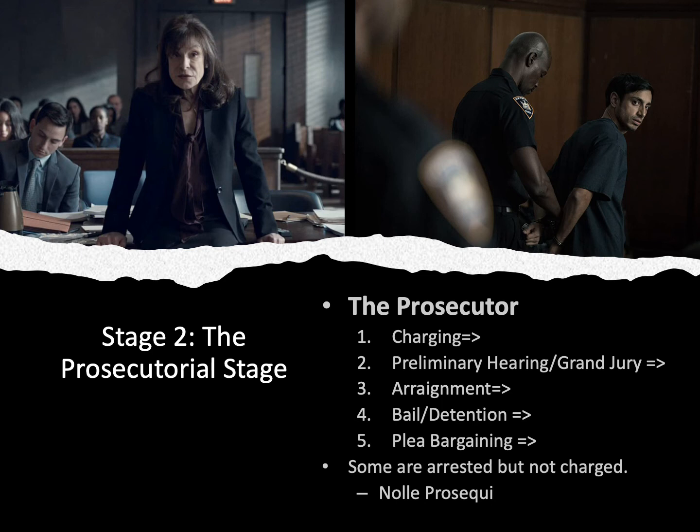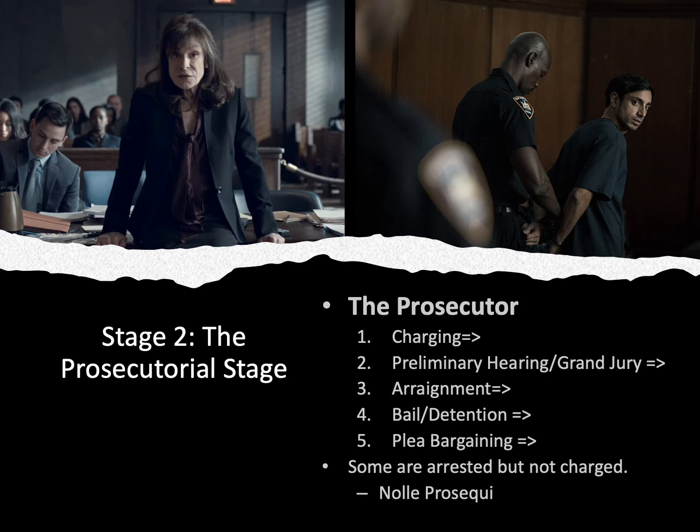The final step is plea bargaining. After a person is charged and they plead not guilty, a process takes place between the defense attorney and the prosecuting attorney, where they're basically saying, look, nobody wants to go to trial. Trials are costly. There might be pressure on the prosecutor, as there is in The Night Of, to plead down because they don't want this to go to trial.